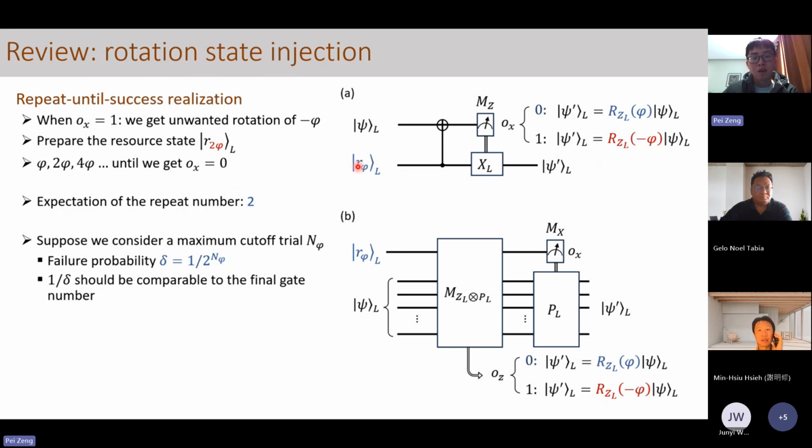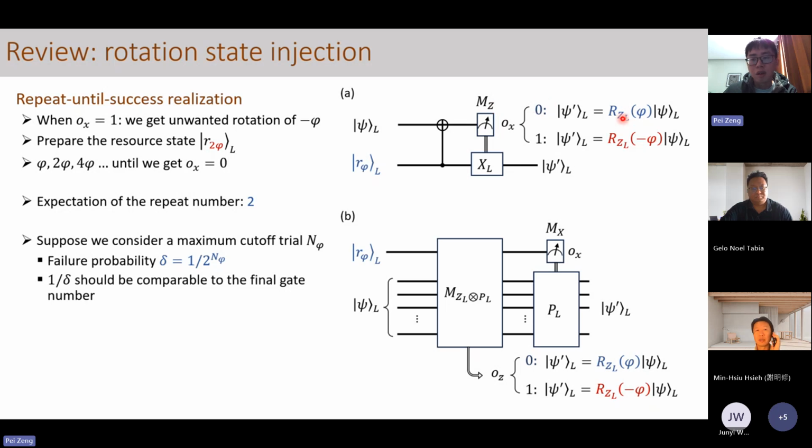Suppose you have prepared a rotation state, and this is the system you want to apply a rotation gate to. You can do a gate teleportation. You inject this rotation into this psi prime state. Suppose you do this measurement and you get the outcome 0.